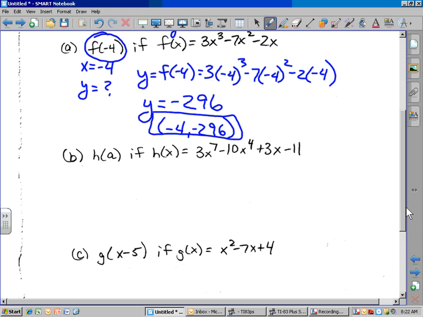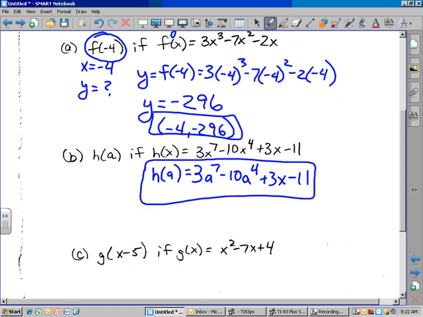Do not fear plugging in a letter. Same thing you do with the -4 is the same thing you're going to do with the a. If I want to know what h of a is, I simply put a wherever you see an x. So it's simply going to be 3a to the 7th minus 10a to the 4th plus 3a minus 11. And that's it. Done.